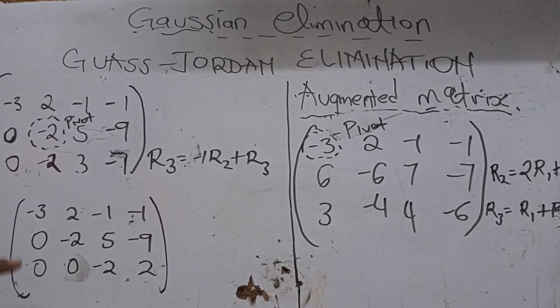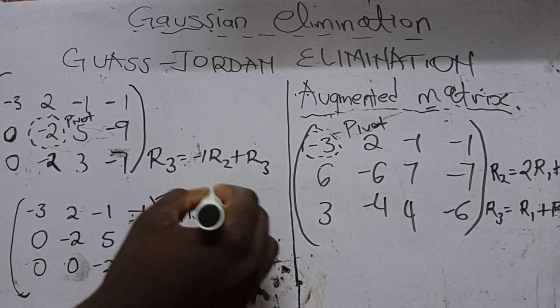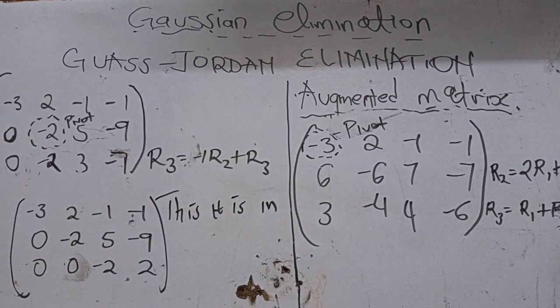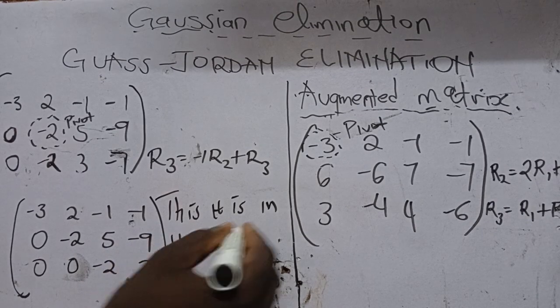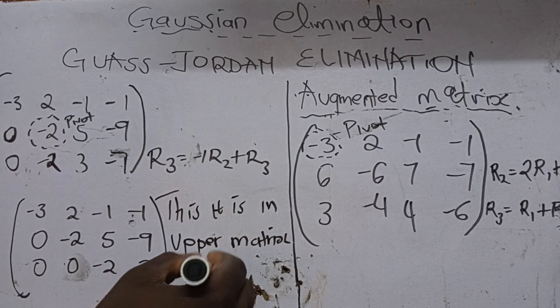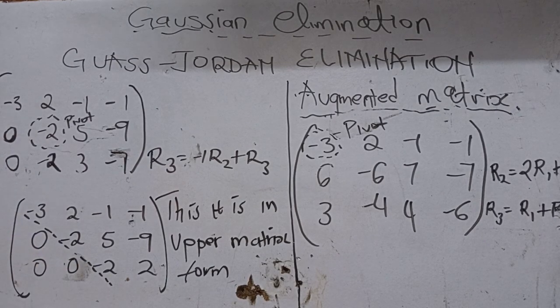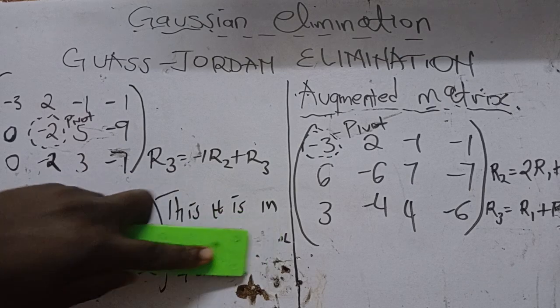So after finding this, it is in upper matrix form. As you will see, upper triangular matrix form.